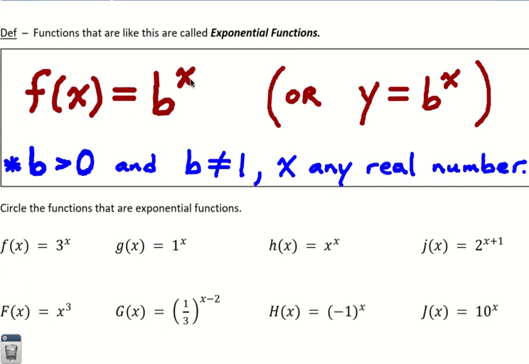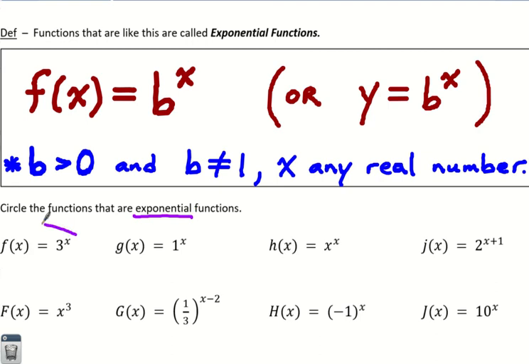So x works, but also x plus 3, 2x minus 7. I mean, anything that could be real. And so looking down here, just a quick little activity. Circle all the functions that qualify as exponential.